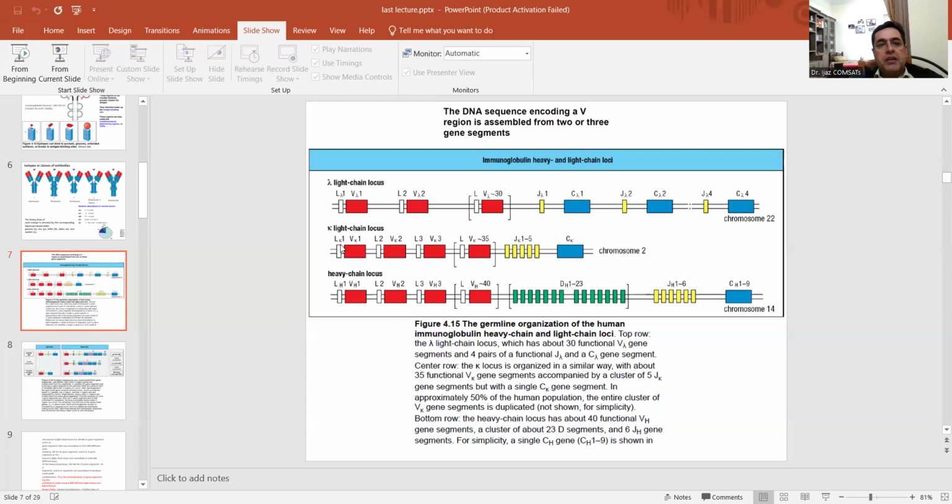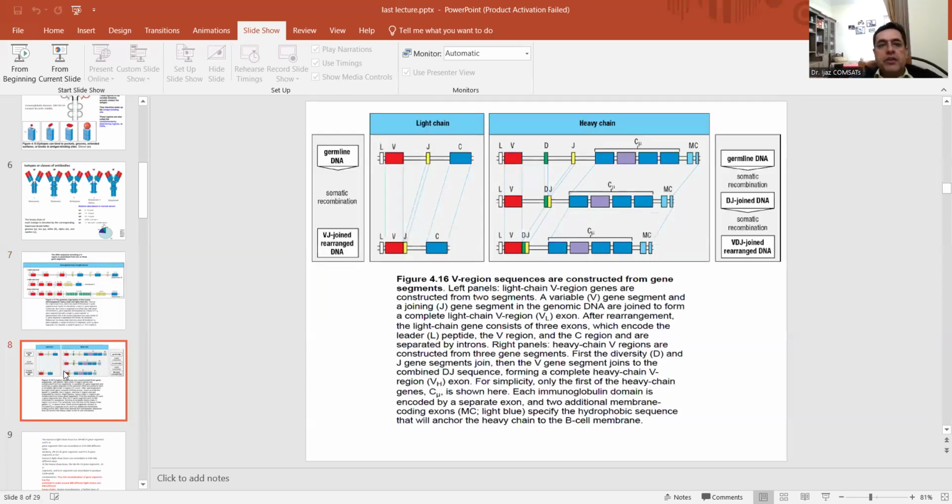And the heavy chain peptide and the light chain peptides are the peptides that are going to make an antibody. So, for instance, I can show you in this picture.